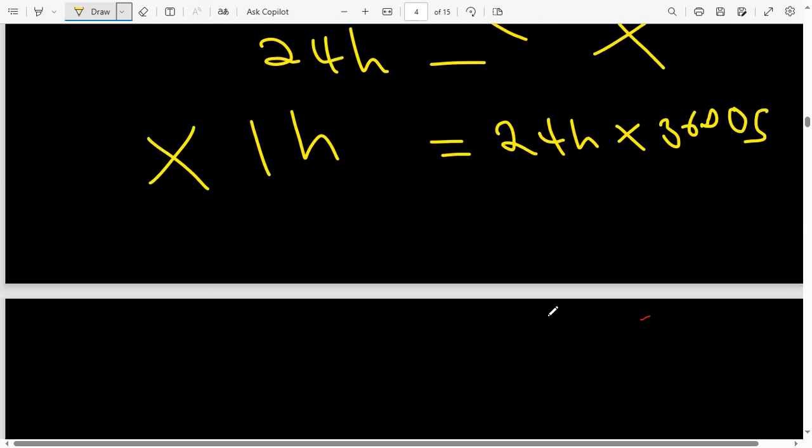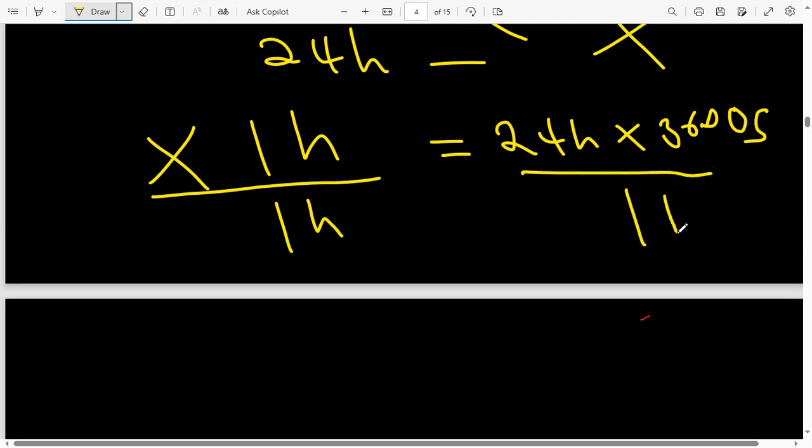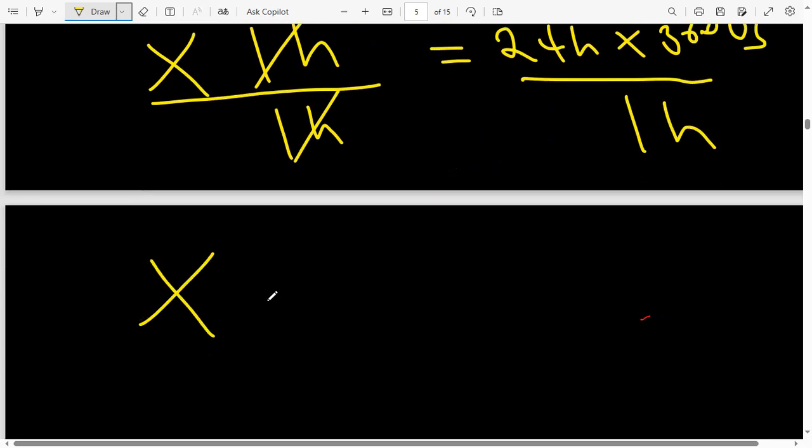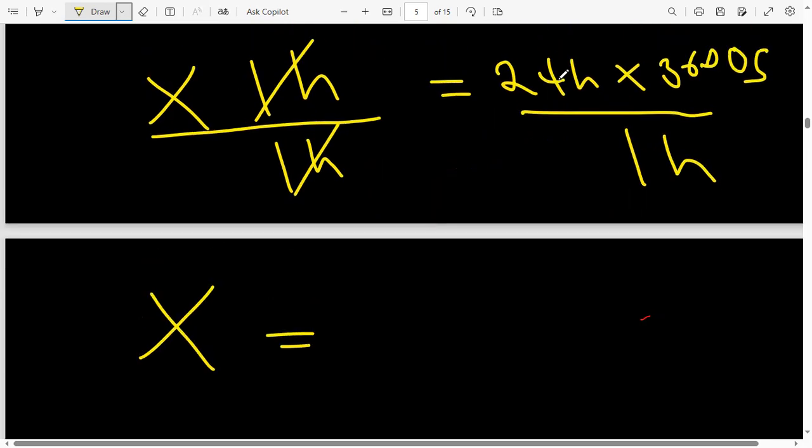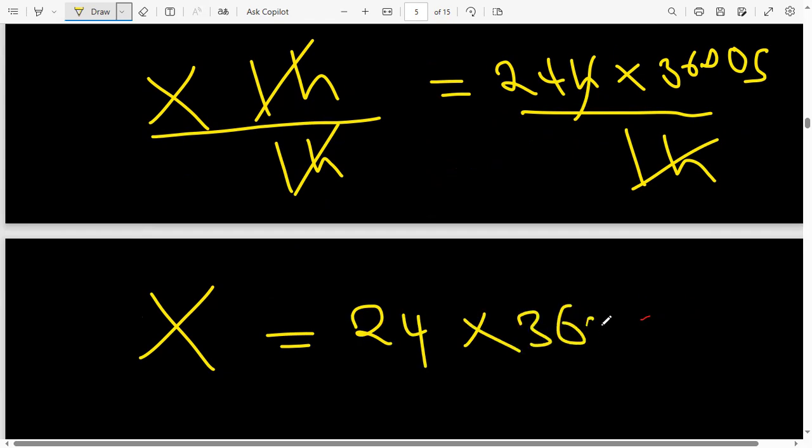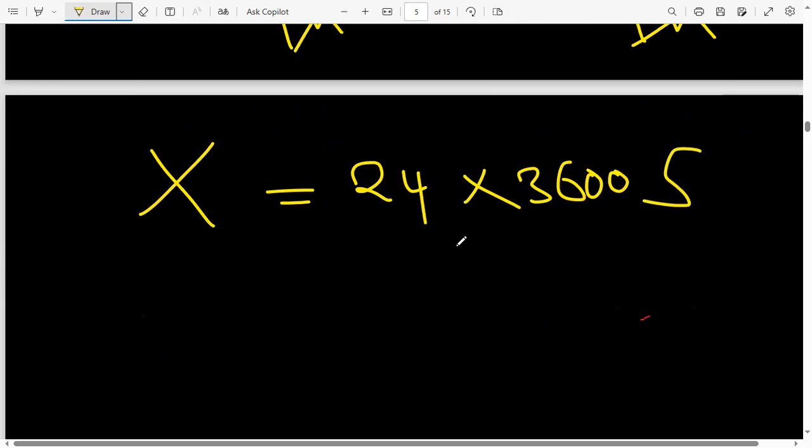Just divide both sides by 1 hour, so this hour cancels with this hour. We remain with X equal to 24 multiplied by 3,600 seconds.